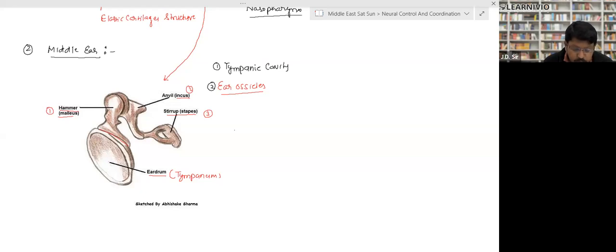Underline this statement: the intensity of the sound wave increases by 20 times with the help of the ear ossicles.